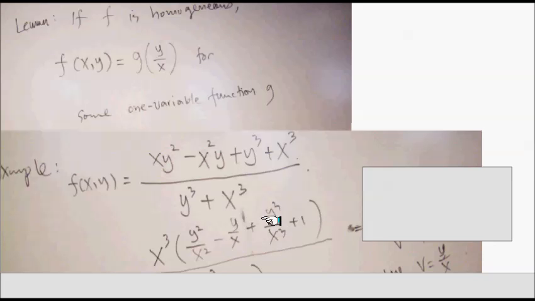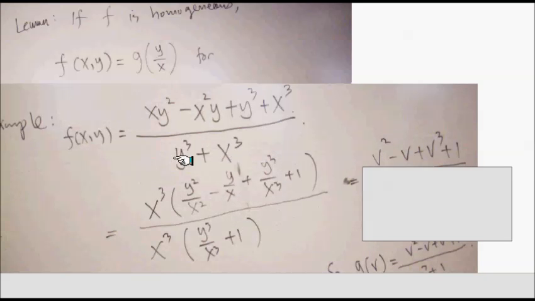Let's see what happened. In the denominator, I'm sure we'll pull out x cubed and a similar thing happens because it's a homogeneous function of the same degree. If you pull out x cubed here, we have y cubed divided by x cubed, plus 1 here. So this is just y over x, whole quantity cubed. The x cubed and x cubed cancel, and if you label this y over x with a v, then this is going to be a one variable function.